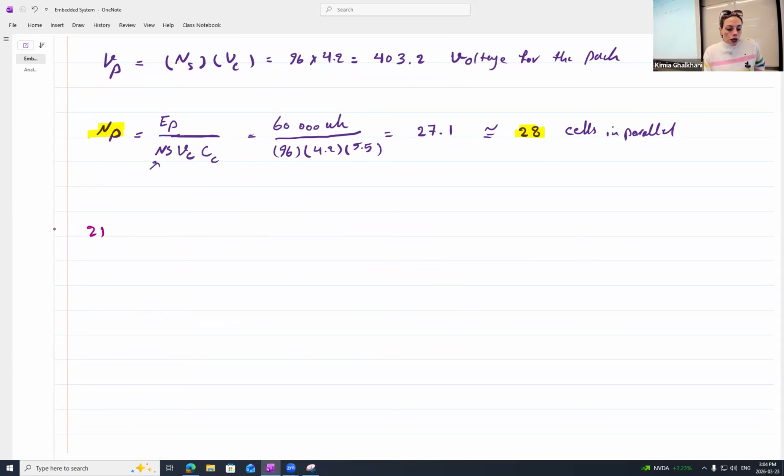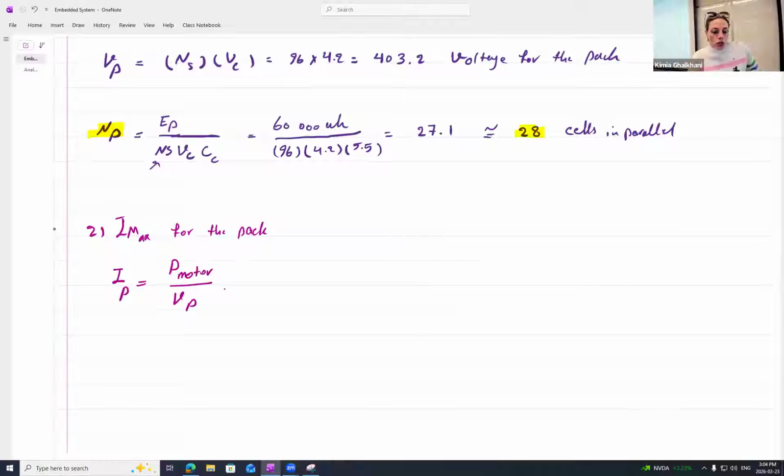Let's calculate the maximum current for the pack. How do I do it? I should say current for the pack is the power of the motor given in the problem divided by the pack voltage.